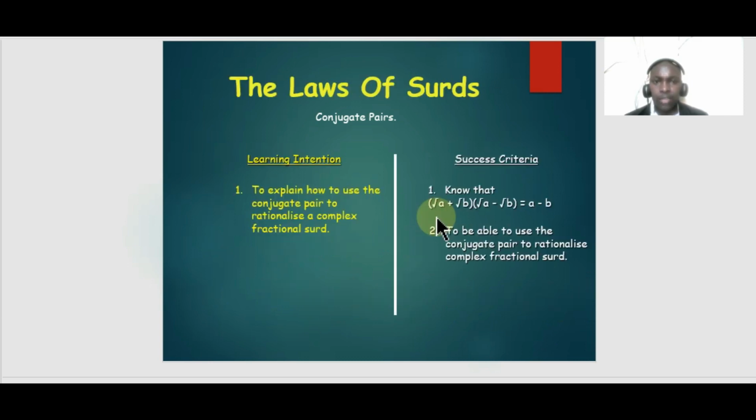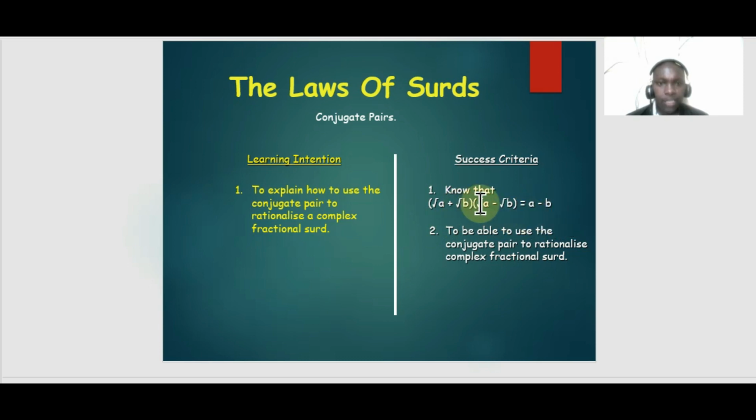The laws of surds, we're continuing with these, but now we're going to look at the conjugate pairs. Now the learning intention is to explain how to use the conjugate pairs to rationalize a complex fraction or surd. Success criteria by the end of this chapter: we should be able to know, this one is very important when you are rationalizing, that root of a plus root of b into brackets root of a minus root of b is equal to a minus b.